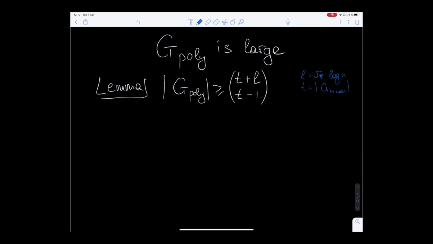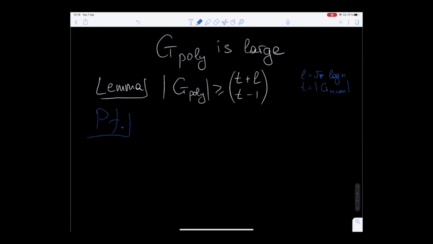Okay, so how do we prove it? This quantity that you see here is actually a number of certain polynomials, and this is how the proof would go. Interestingly, the proofs of both this lower bound and upper bound are very similar in spirit.